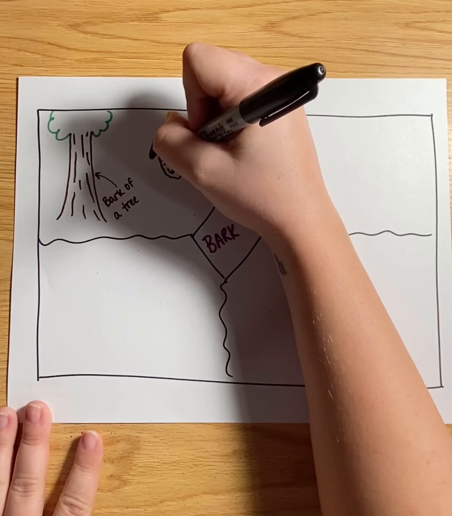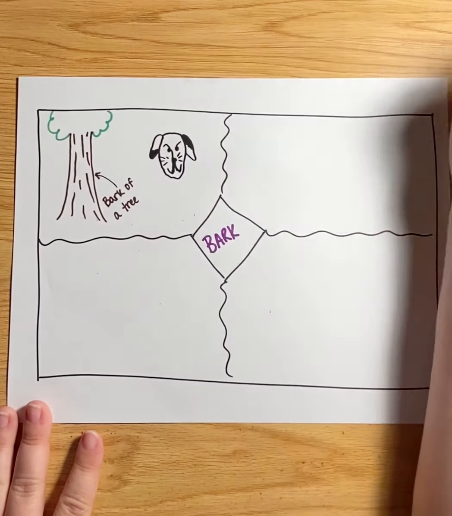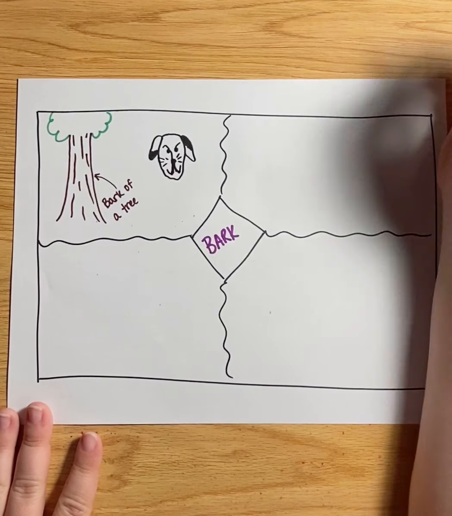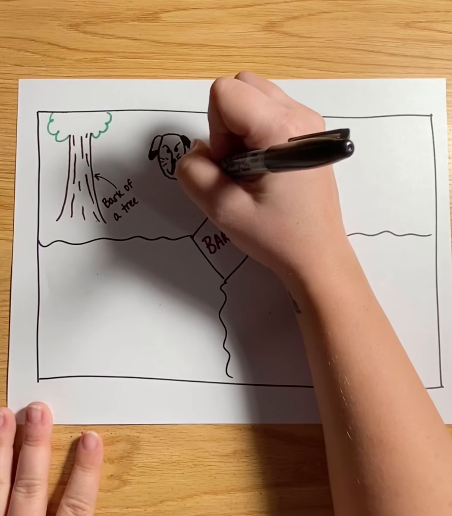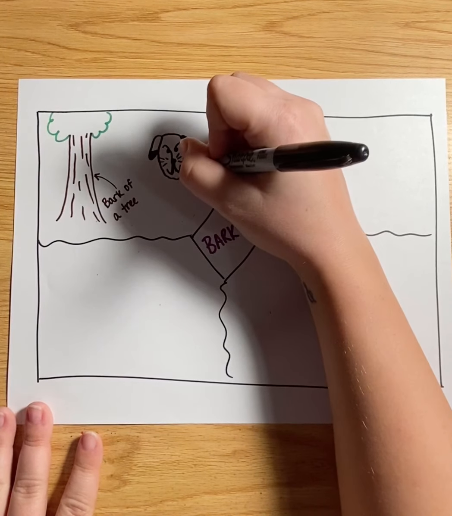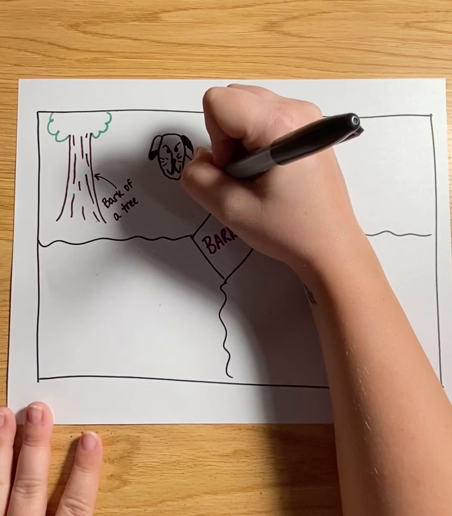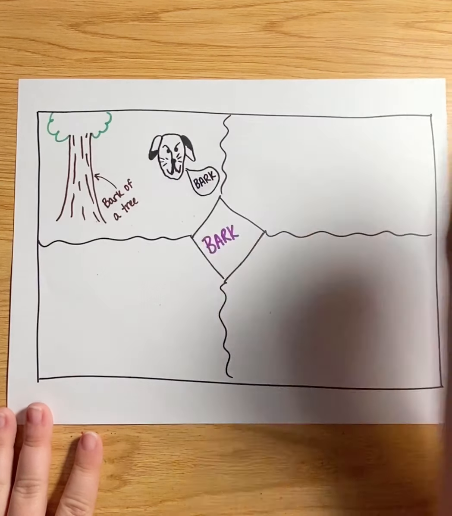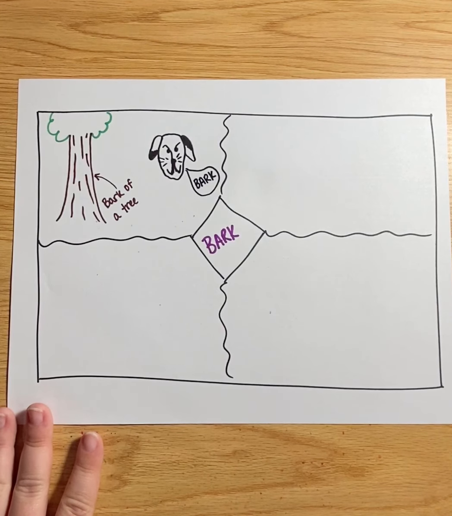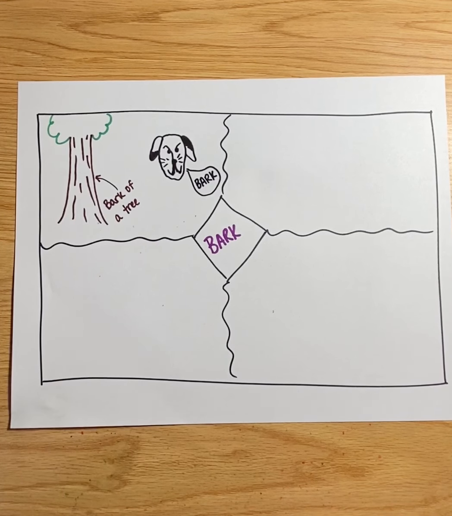Oopsie. Actually, she looks kind of evil. Whoops. Sorry, guys. Lucy looks evil. So this would be the other type of bark. Okay? Sorry. I don't know why she looks so angry. All right, so there's the two pictures that I would draw.